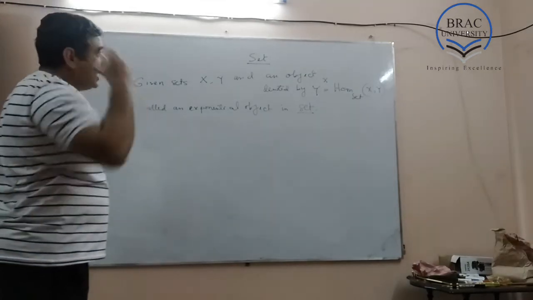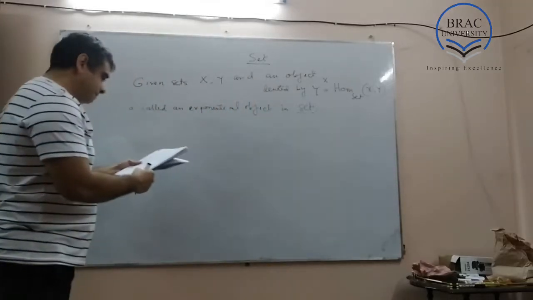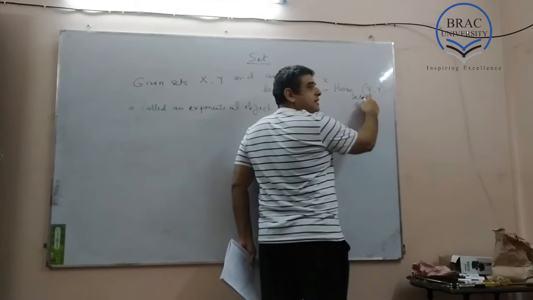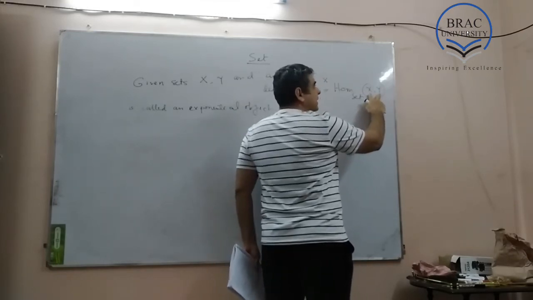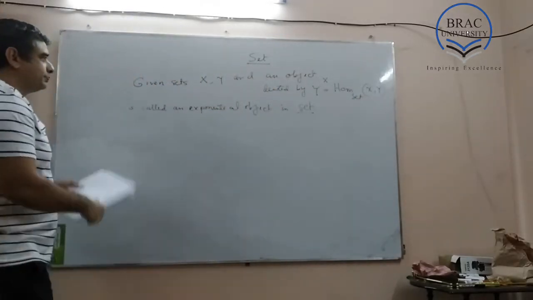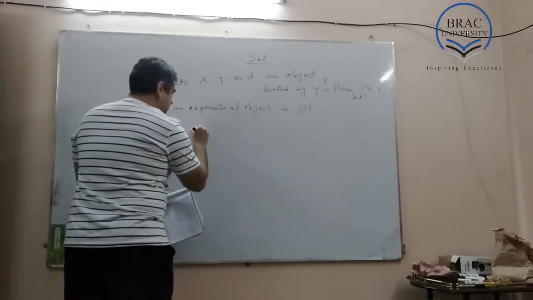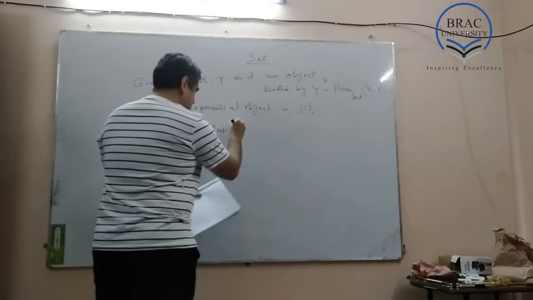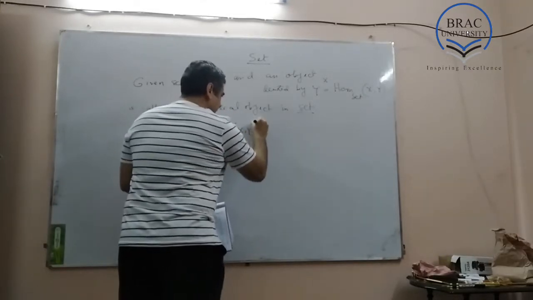So if X and Y are both finite, or X is the empty set, or both X and Y are empty, we have the following. On Hom_Set(X, Y), what does it mean?